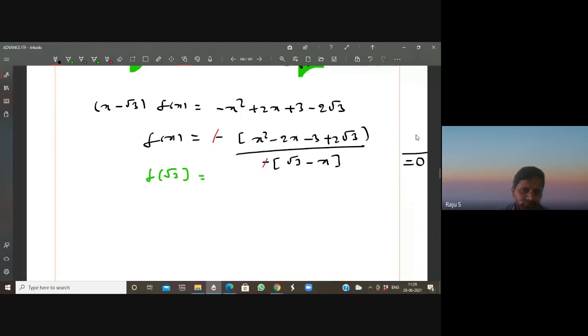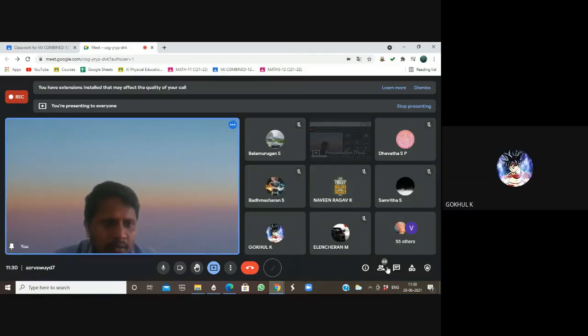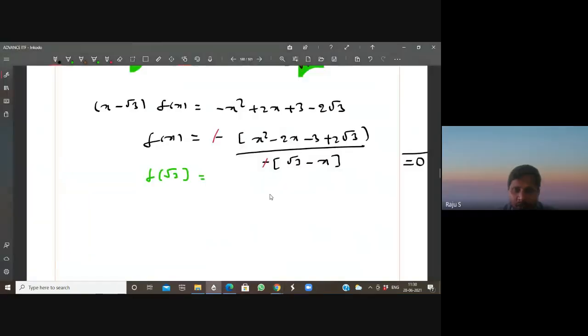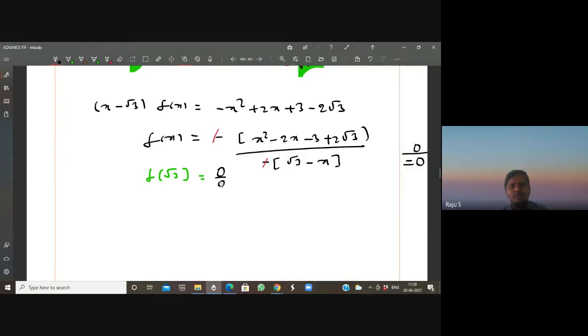Do you understand? 0, sir. 0. So finally what did we get? 0 by 0. Then f of root 3 is 0 by 0. Then how can you find the f of root 3 value? Generally we cannot find it, we are getting an undefined value.